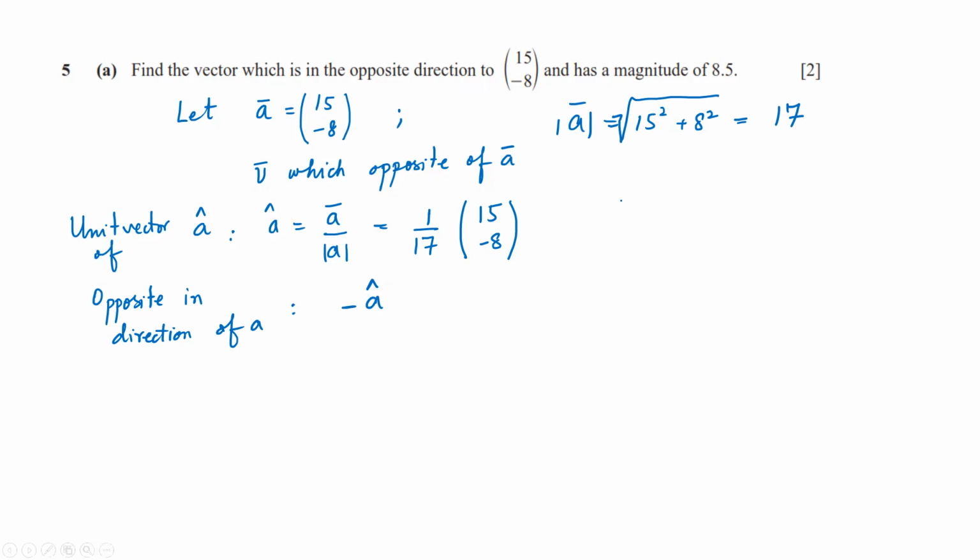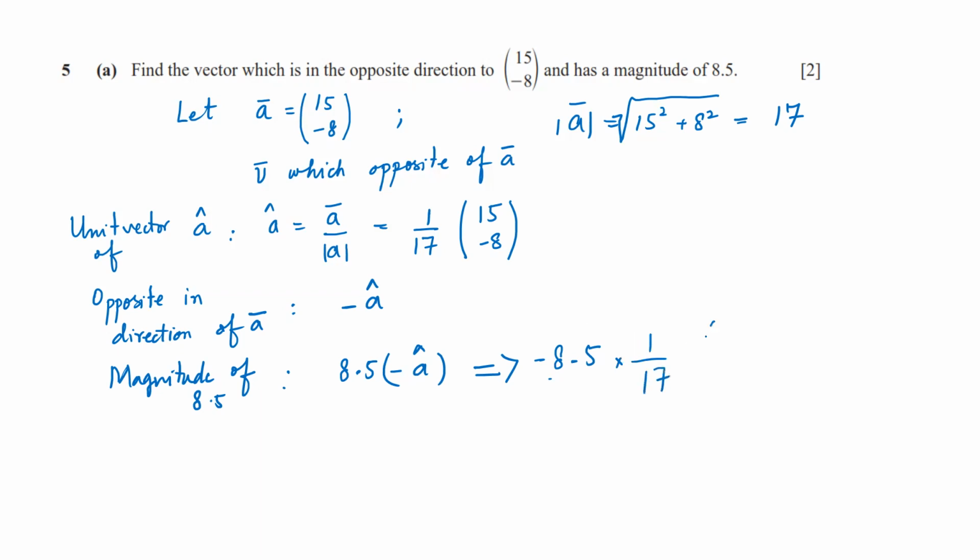So the vector opposite in direction of A, with a magnitude of 8.5, is 8.5 multiplied by minus A hat, which is 8.5 with a minus sign times 1 by 17 times (15, minus 8).